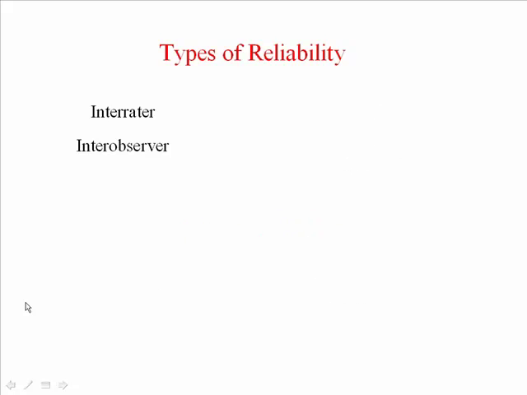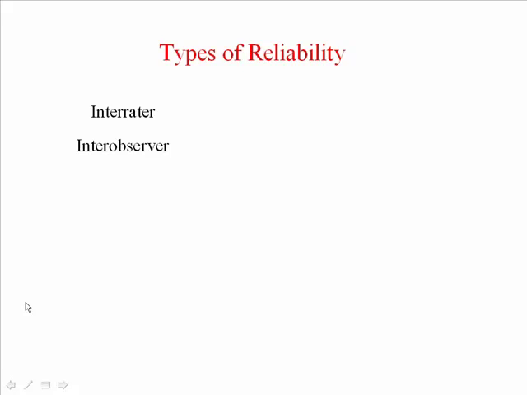Now, if we take a closer look at the types of reliability, inter-rater and inter-observer reliabilities are generally used in non-traditional testing situations. In other words, inter-rater reliability, for example, is used typically when someone is grading essays.